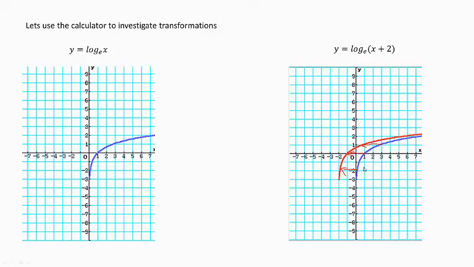Well, any point xy on the original graph becomes x minus 2. The y coordinate stays the same. So the new point is the original x minus 2, and the same y. Notice, when we look at the equation, the plus 2 is inside the bracket, so we do the opposite. So it's a shift of minus 2 places.